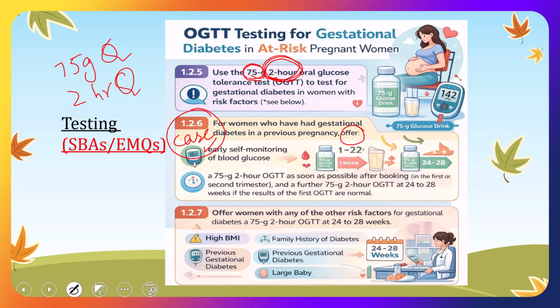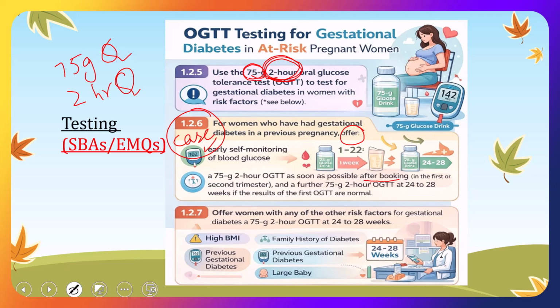But if the patient can't do that and she is presenting to you in the OPD and giving a history of diabetes in a previous pregnancy, we are going to offer her, as early as possible after booking, most importantly in the first or second trimester, an OGTT.